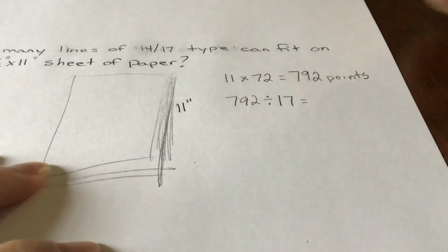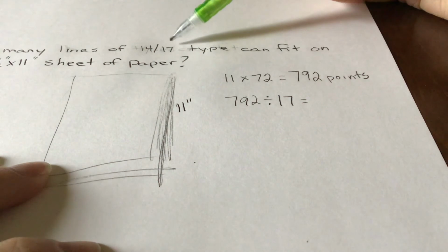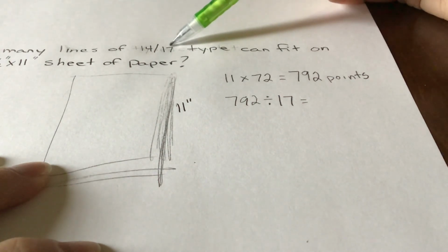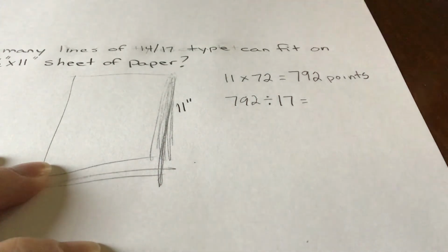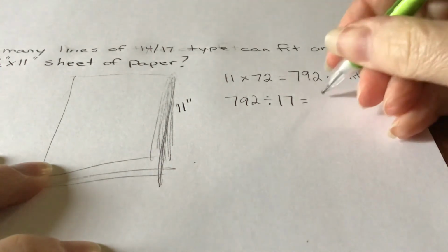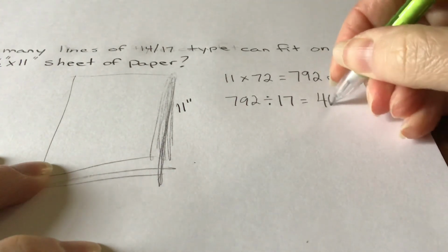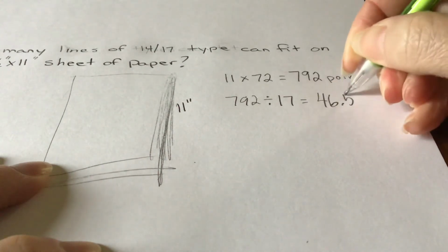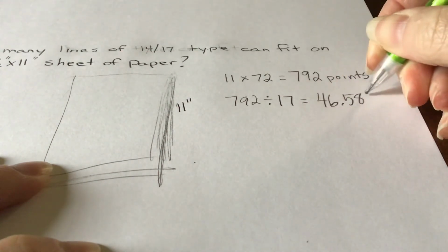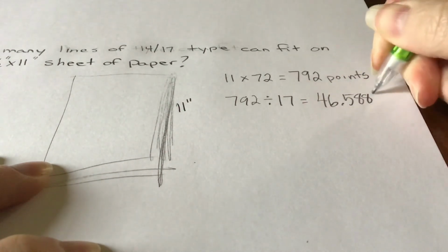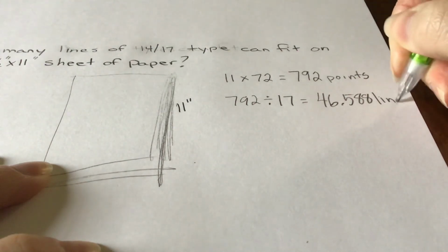Why 17? Because a line of text is going to take up at most 17 points for each line. So we take 792 divided by 17, and I get 46.588 and so on, and this is lines, okay?